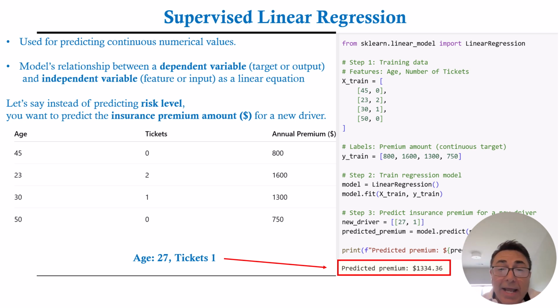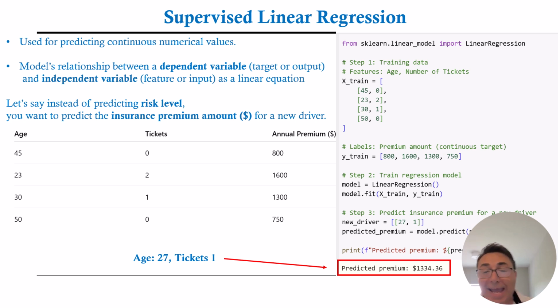So what we're doing here, we feed it the input data, and these are the results that we wanted. So $800 for 45 age and 0 tickets, $1,600 for 23 years of age and 2 tickets, and so on.